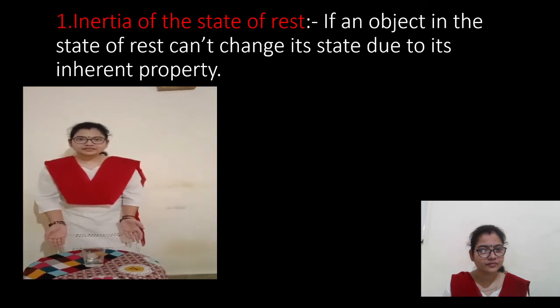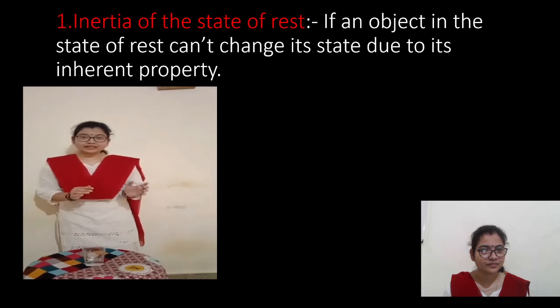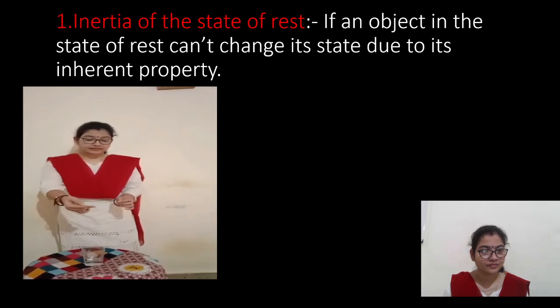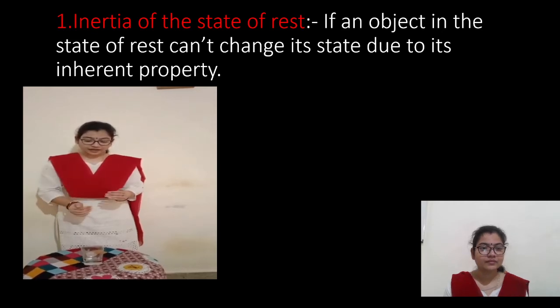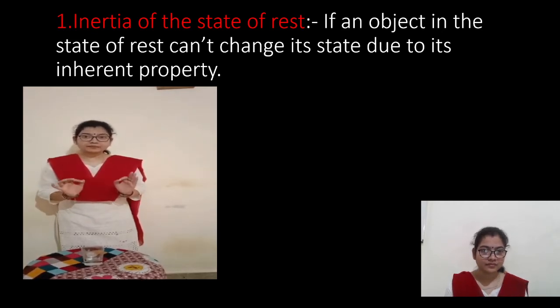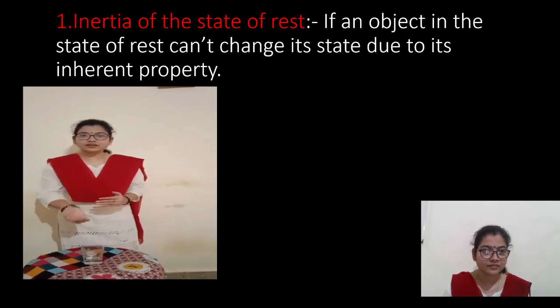Now I am going to apply a force over this cardboard. What has happened, students? The coin has fallen down into the glass. You can see that initially both were at rest, but when I applied force over the cardboard, the coin fell down into the glass and the cardboard went away.